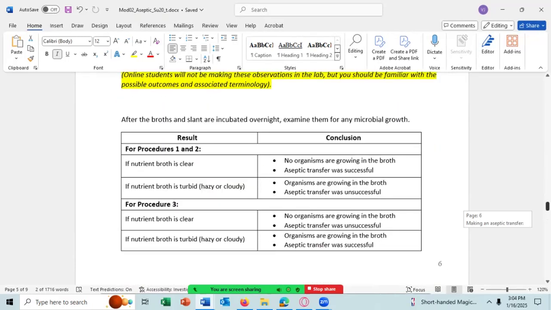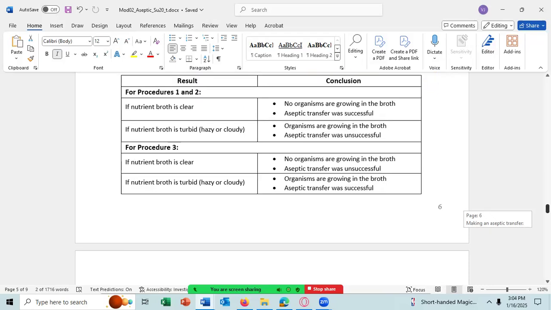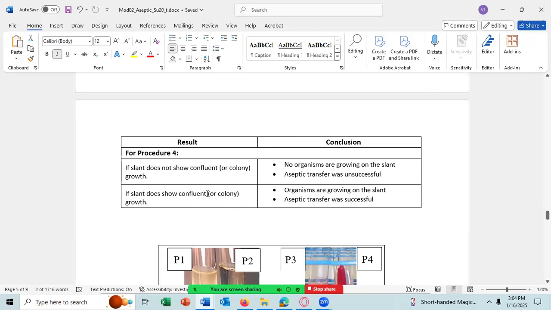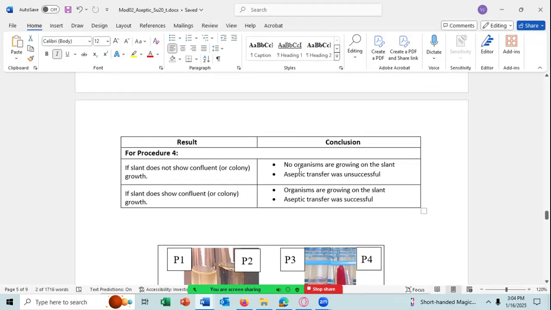And then use this table for interpreting the results and making your conclusion about procedure 4. If the slant does not show confluent or colony growth, then no organisms are growing on the slant and aseptic transfer was unsuccessful.